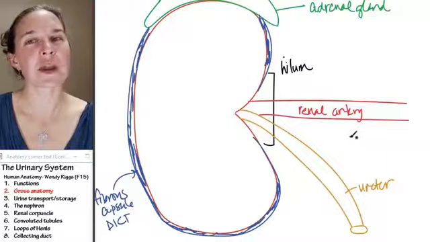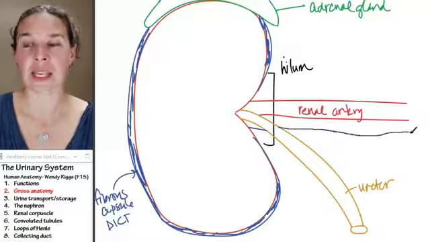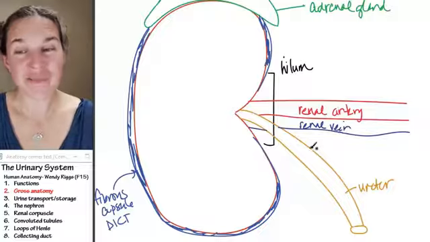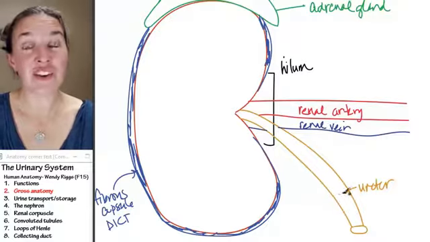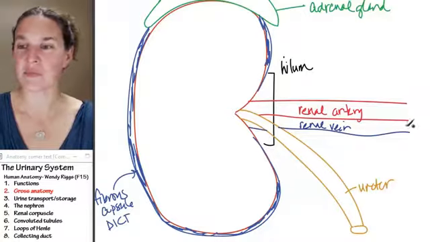Who else would you expect? If we've got a renal artery going on, who else are you going to expect to see in here? Somebody that is most certainly blue. Got to have a renal vein. The renal artery, the renal vein, and the ureter all exit the kidney in the same place, in this hilum.